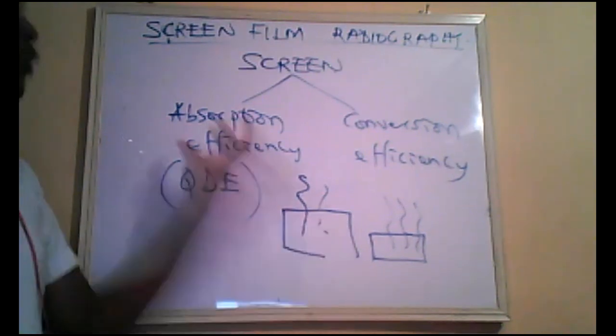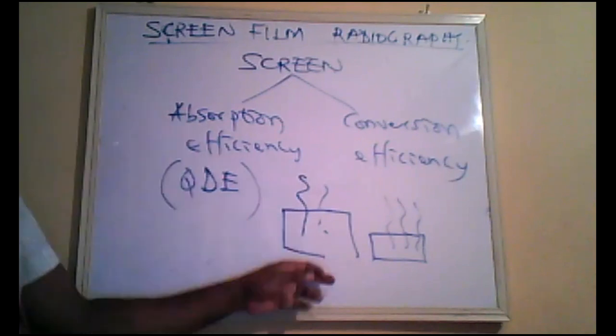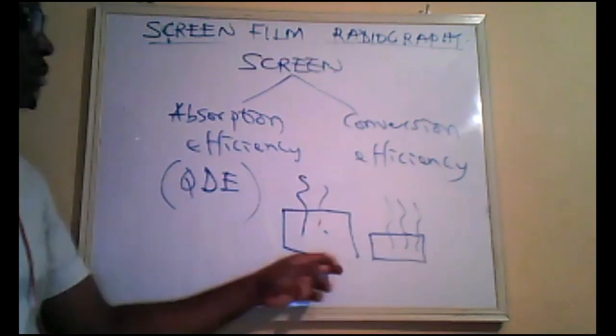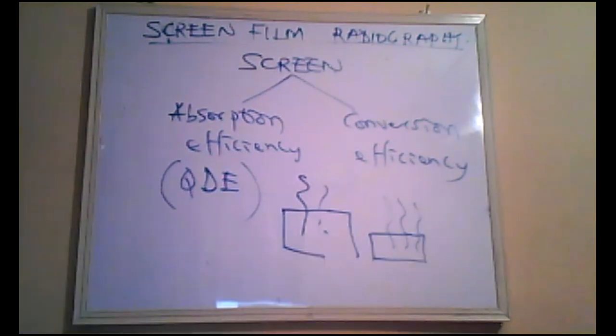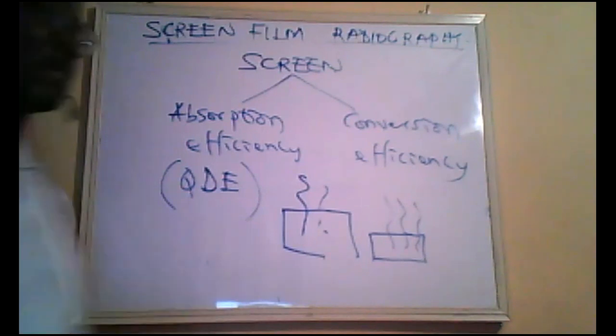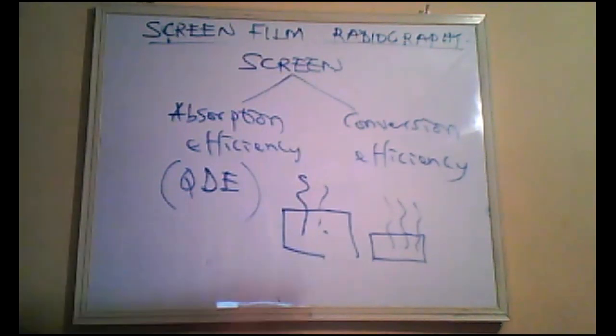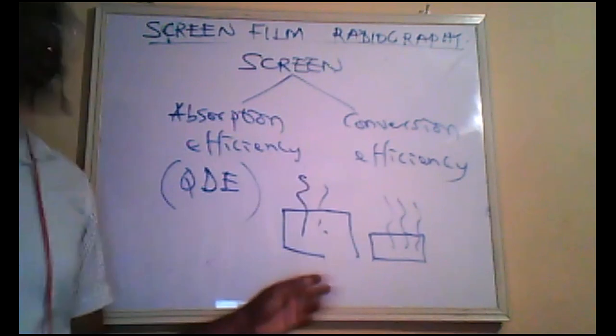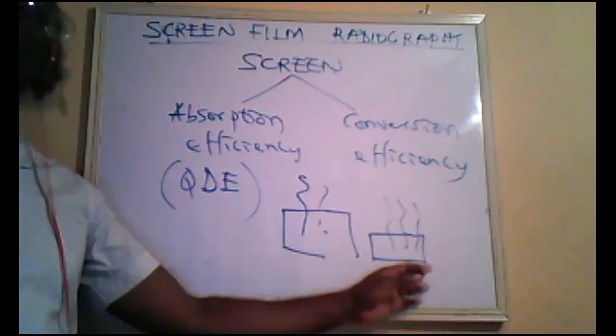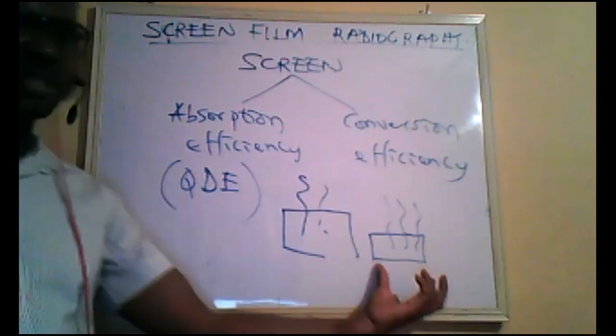This thicker one, though it has a better absorption efficiency, is going to have a very bad spatial resolution. So it's a compromise between making the screen thick and making it thin. If you want a very good spatial resolution, you go for a thinner screen.